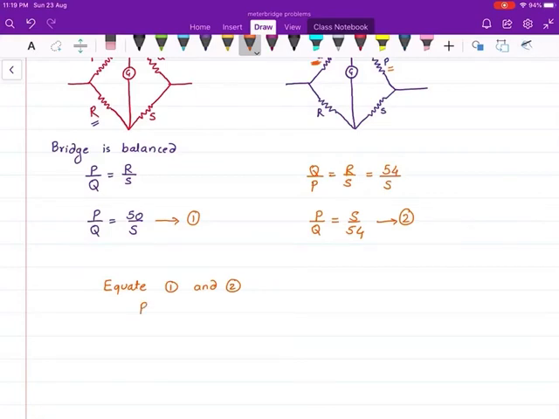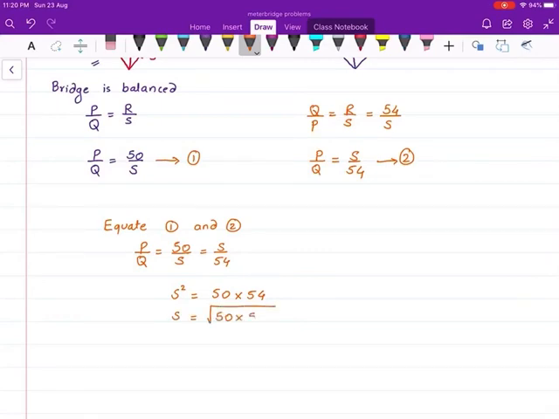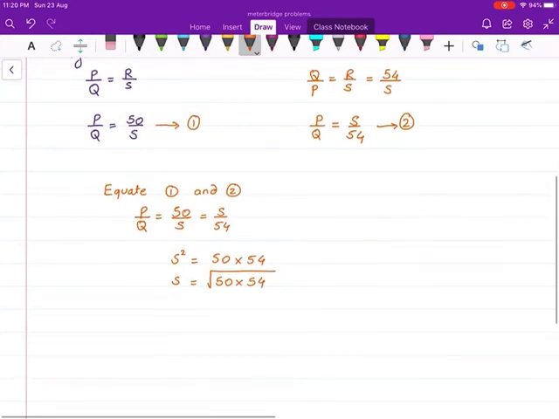I will get P upon Q is equal to 50 upon S is equal to S upon 54. Now we want to solve for S. So I get S square is equal to 50 into 54. So S is equal to square root of 50 into 54.